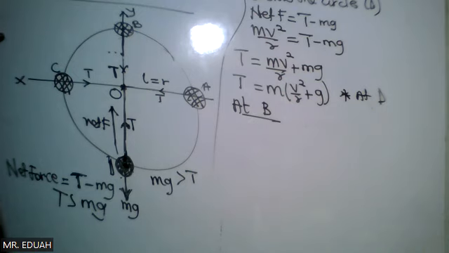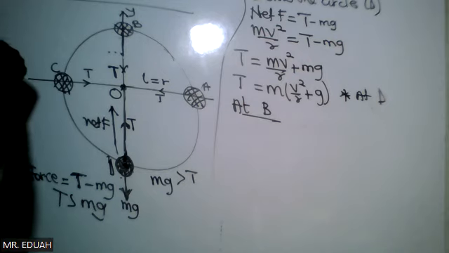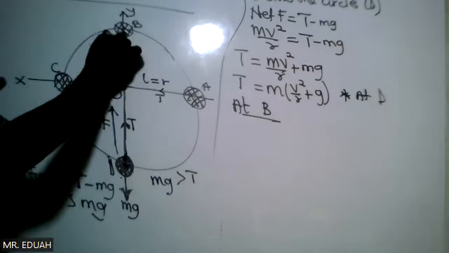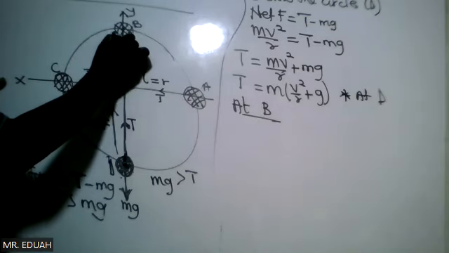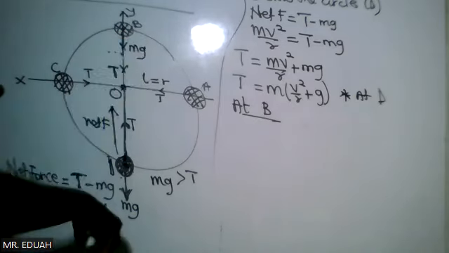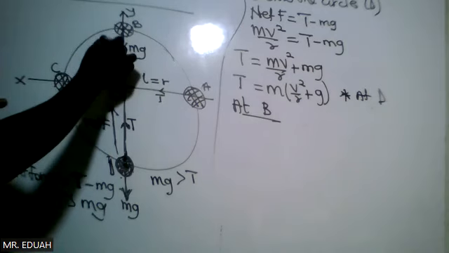Will it be up or down? Class, what will be the direction of the body's weight? Down. So when at B, the body's weight would act down, in the line of gravity.